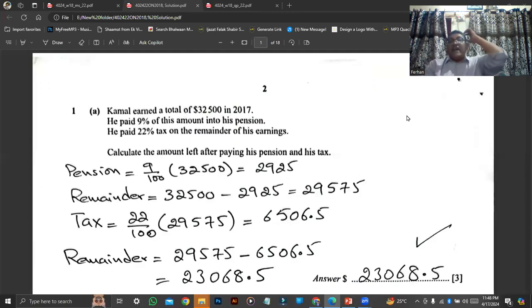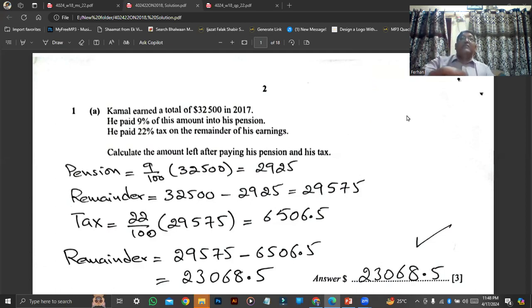So the pension is 9 by 100 multiplied by 32,500, that is $2,925. The remainder after the pension is taken out will be 32,500 minus 2,925, and that will be $29,575.